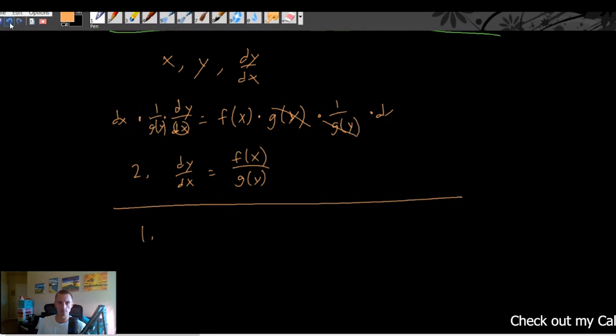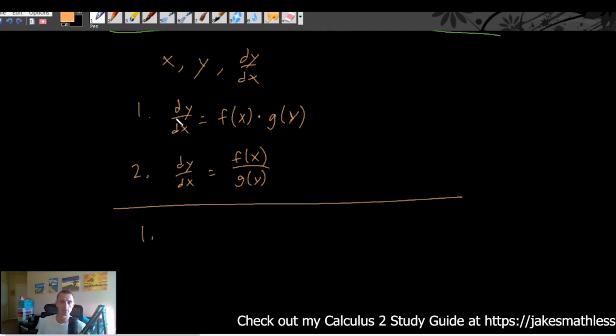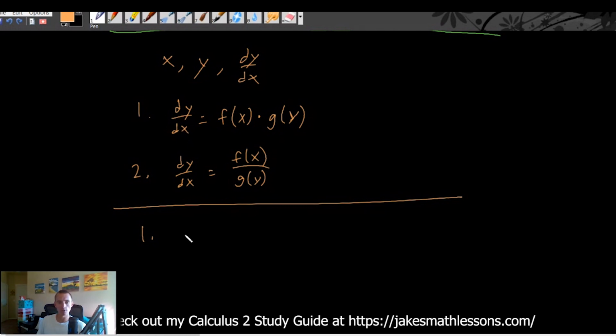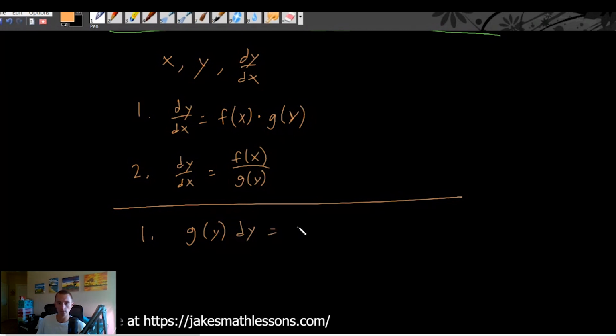So essentially, once we do that, all we would end up with is moving all of our y's from the right side of our equation over to the left, moving our x from the left side of the equation over to the right, and we would just end up with g of y times dy equals f of x times dx.